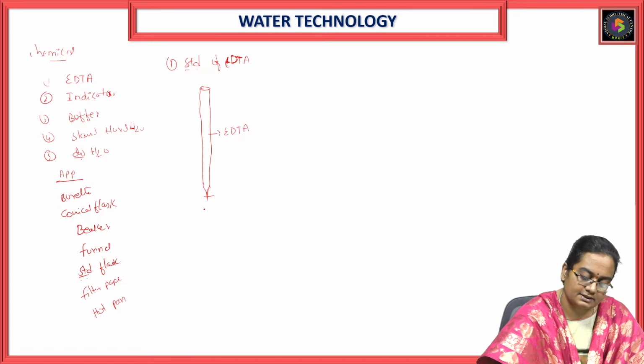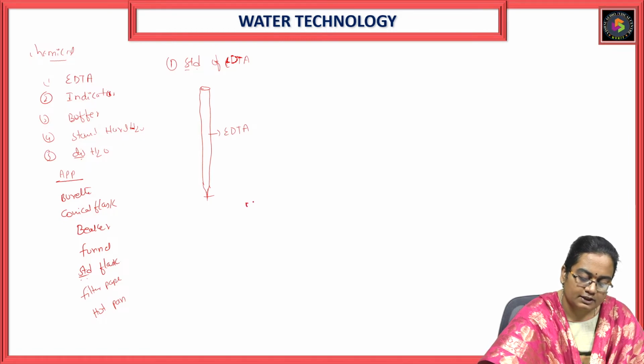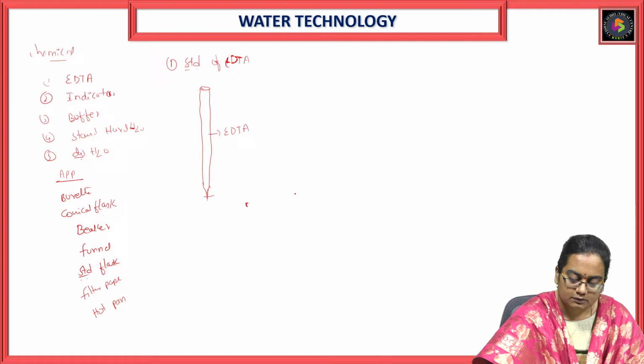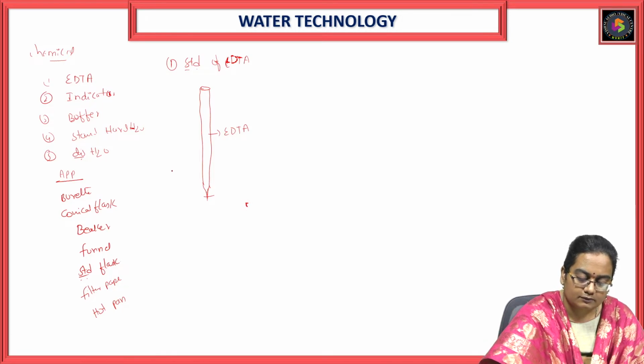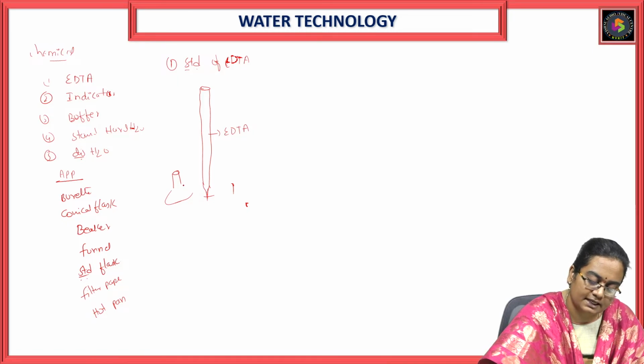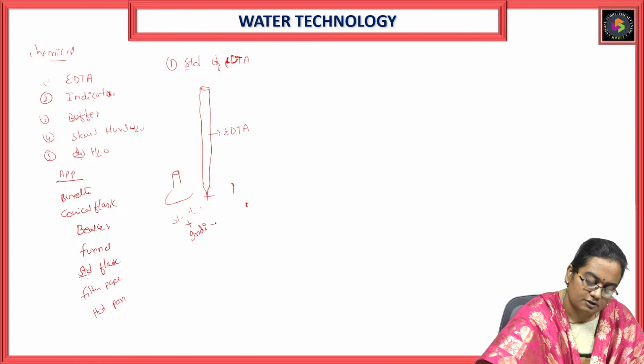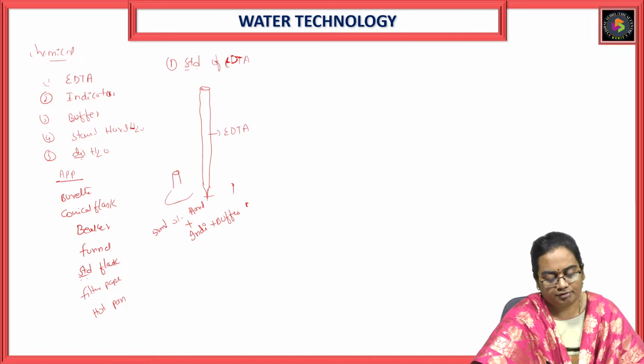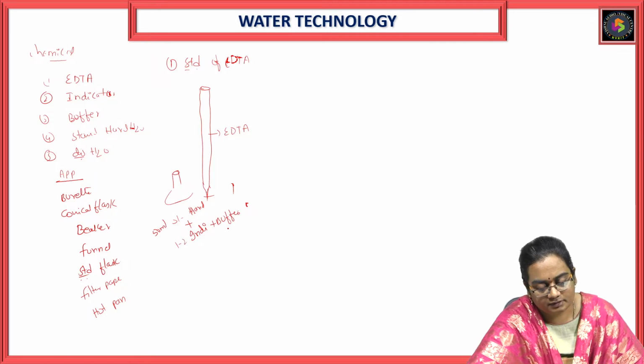Now take the conical flask, and in the conical flask take 50 ml of standard hard water, followed by 1 to 2 drops of indicator, followed by 5 ml of buffer.